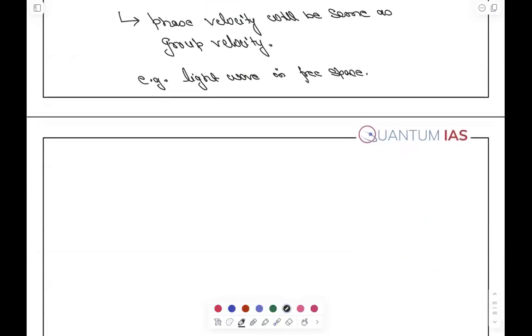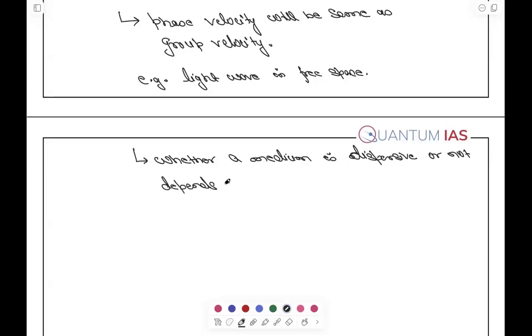So you have to understand that whether a medium is dispersive or not depends upon the relation between the wave and the medium.